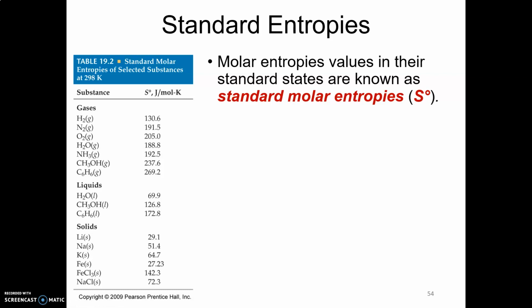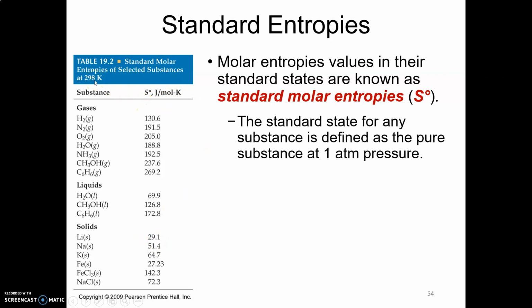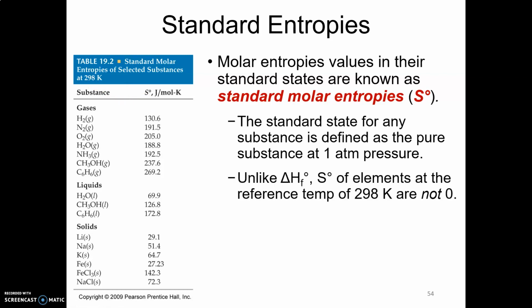And the answer is no. Even things that naturally exist, like diatomic hydrogen or solid lithium, these have a 0 as far as their heat of formation is concerned, but they do not have a 0 as far as their standard molar entropy is concerned, because we are not at 0 Kelvin. We are at 298 Kelvin, which means they are something above 0.